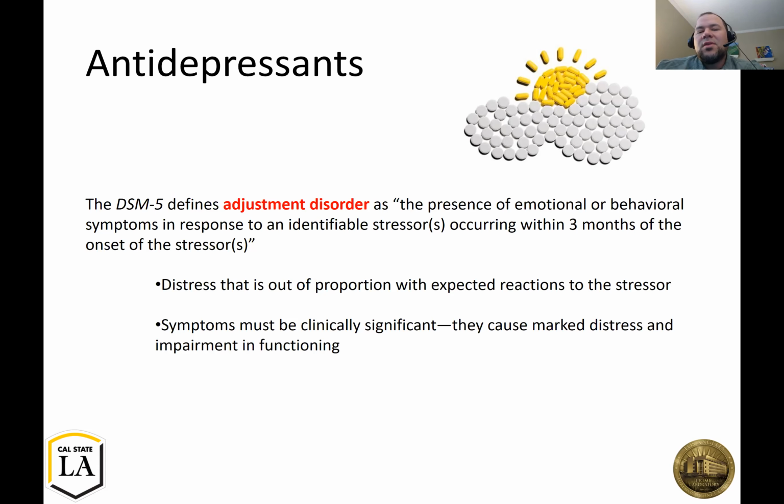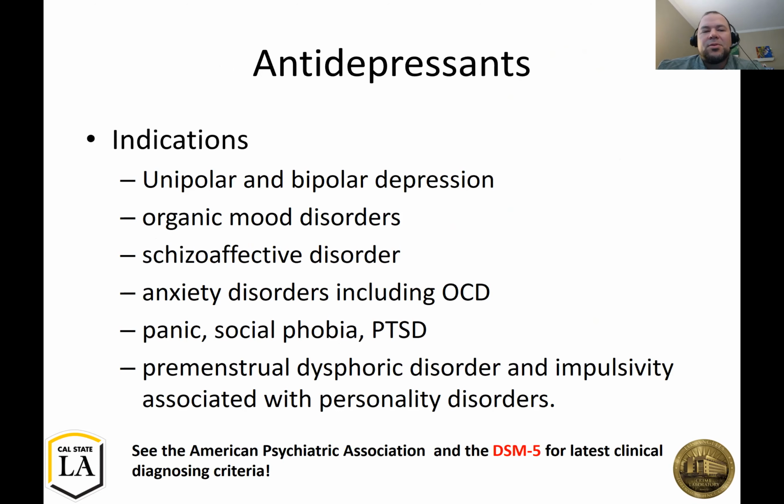So a lot of different things can fall into the realm of when a drug like an antidepressant might be prescribed. Basically, these can be prescribed for many things: bipolar disorders, mood disorders, schizoaffective disorders. There's a whole rainbow of different schizoaffective disorders, where people can sometimes see things.